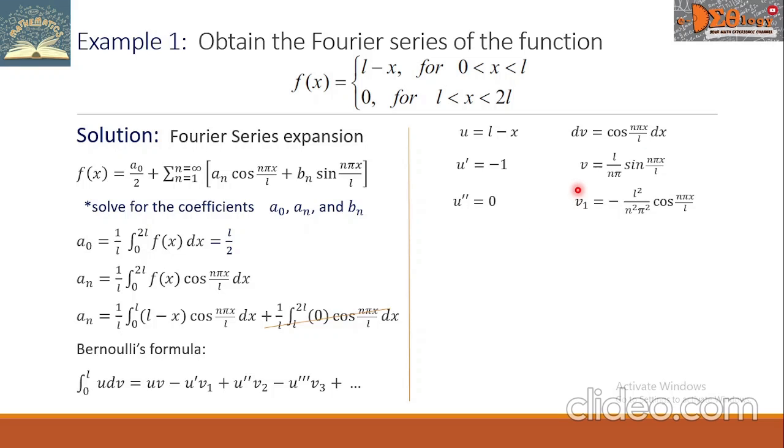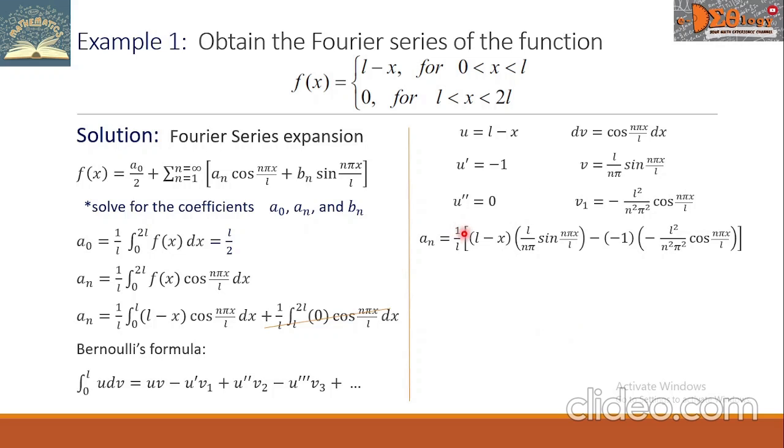For this dv, we will integrate the function. Integral of dv is now v equals integral of cosine n pi x over L dx is L over n pi times sine of n pi x over L. The integral of v is now v sub 1. This is equal to negative L squared all over n squared pi squared times cosine n pi x over L. Now let us substitute the values in the Bernoulli's formula.